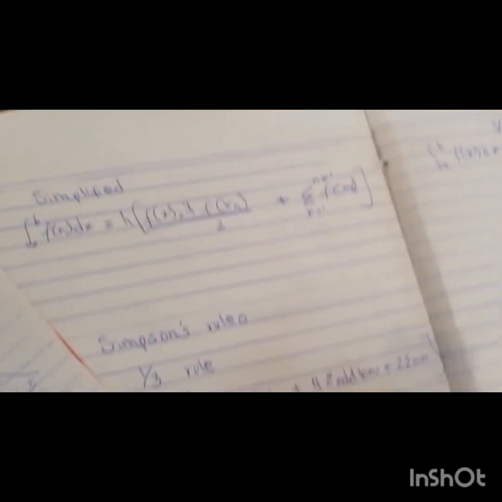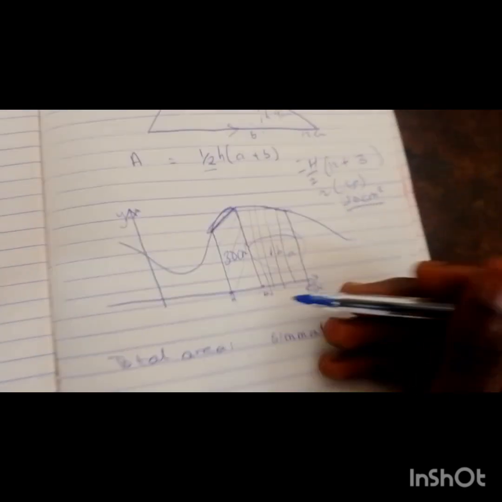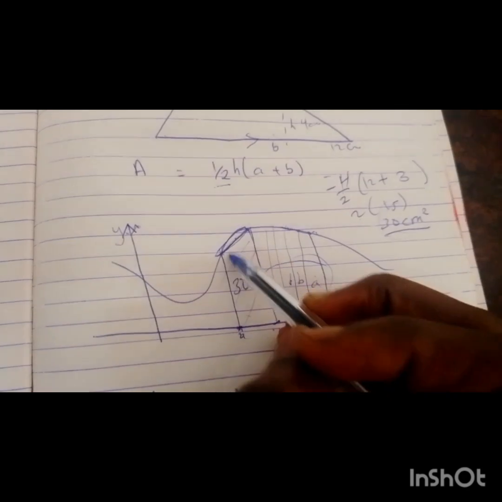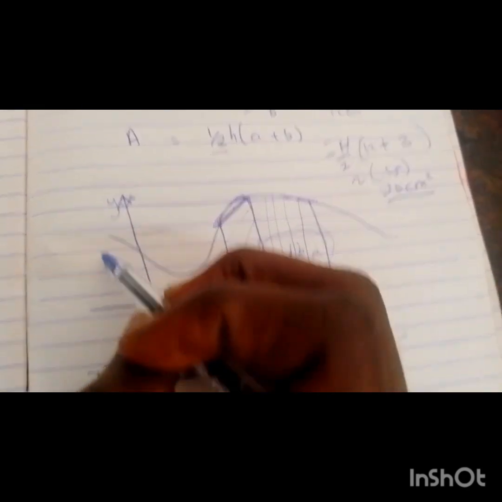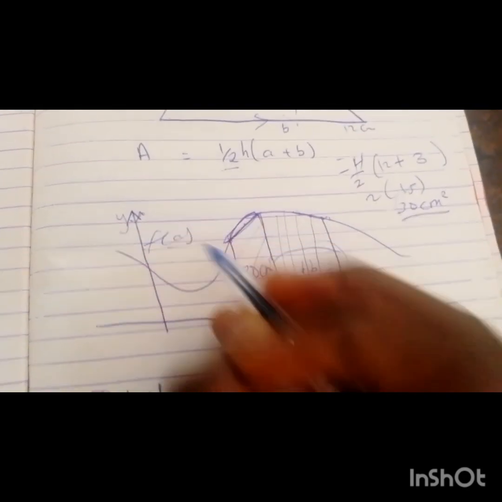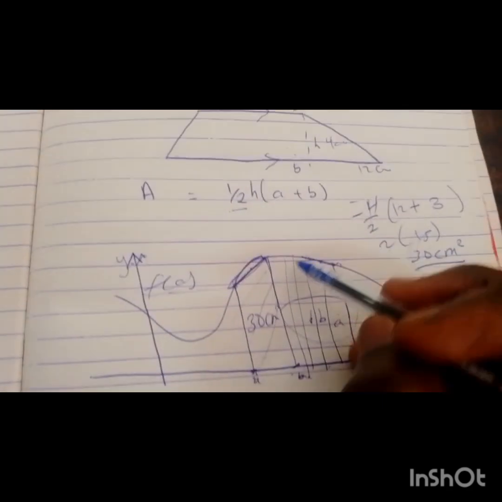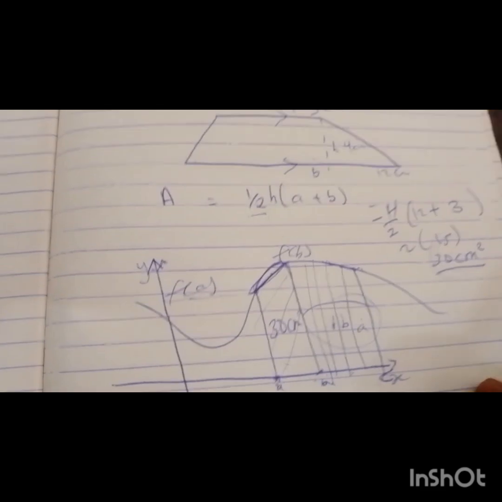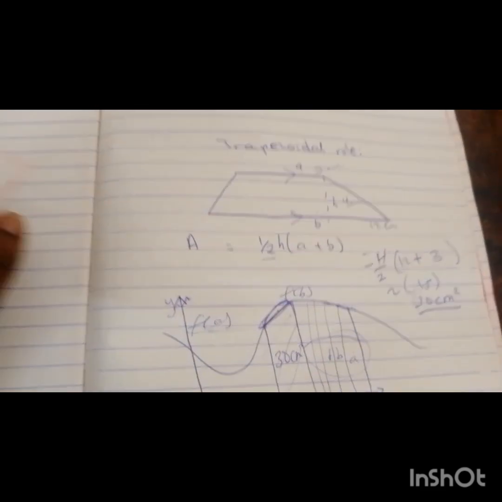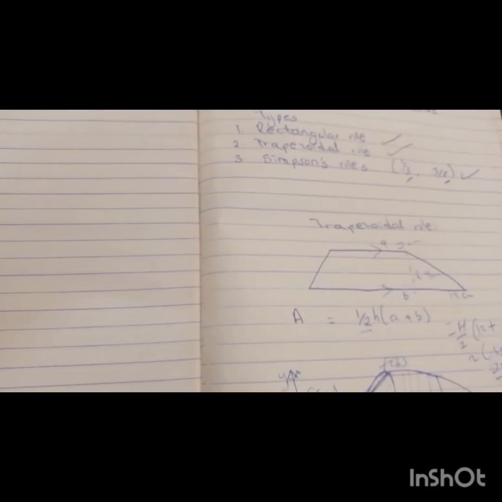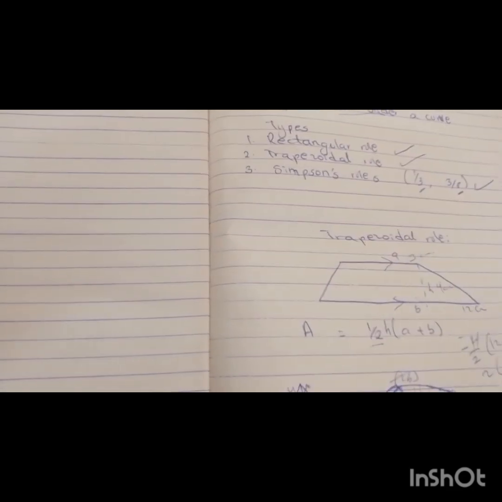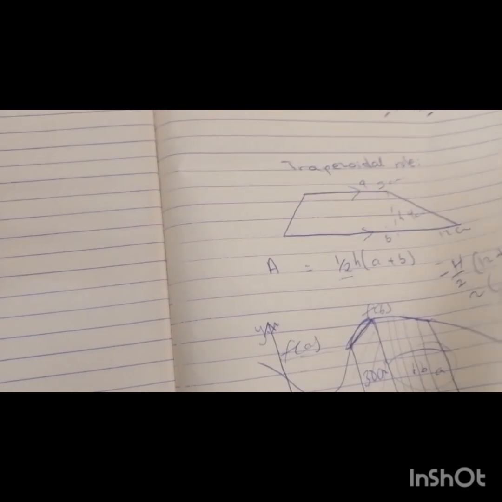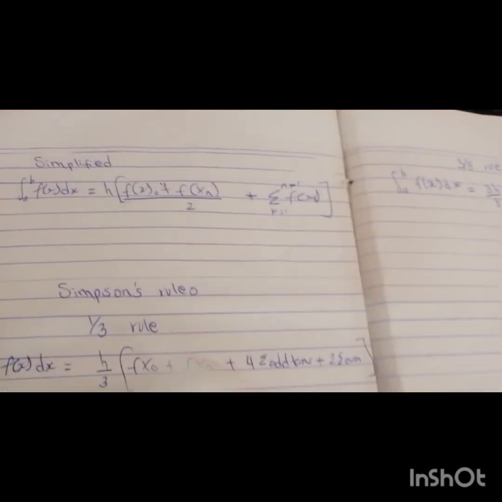When we spoke about this in the previous one, you would know that from here to here will be called f of a, or a y, and then here will be f of b. That's the same thing we are going to do. So when you see f of x or f of xi, it's actually the corresponding value of the function at a point.